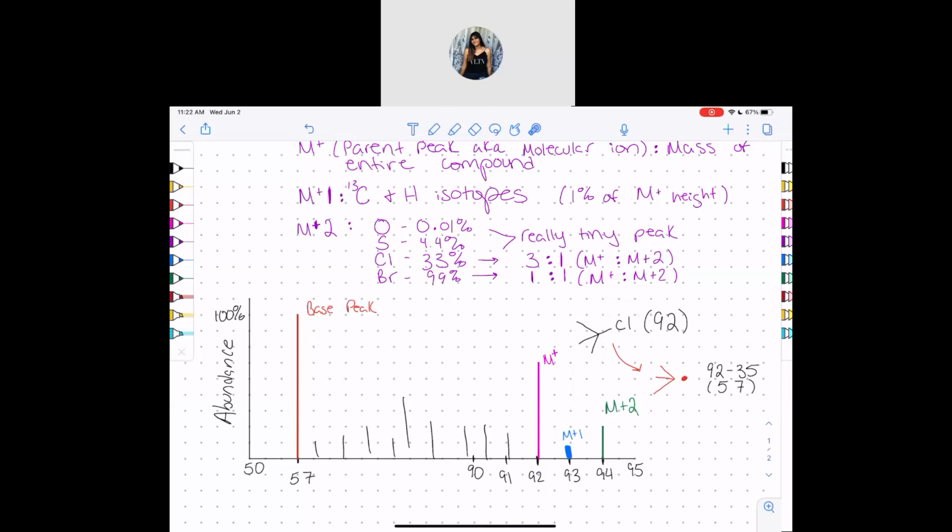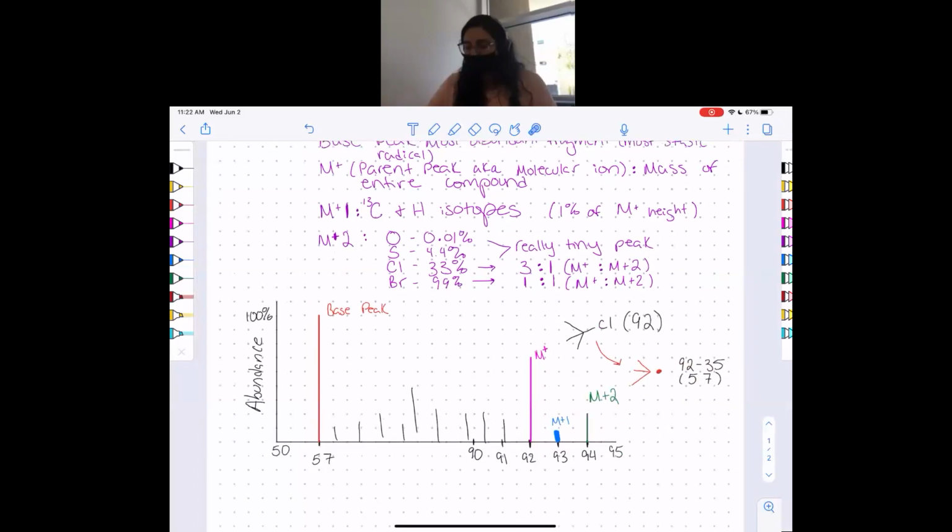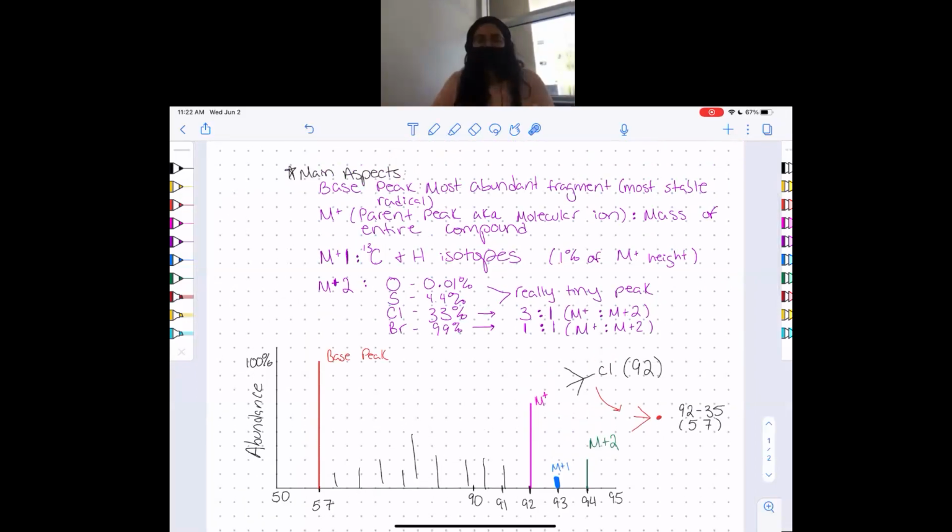I did want to point out two side things once we understand this part. A tricky thing they can do is that the base peak can sometimes be the same as the M+ peak.